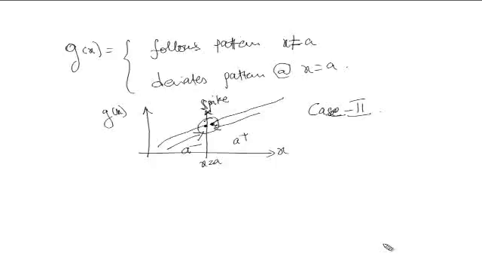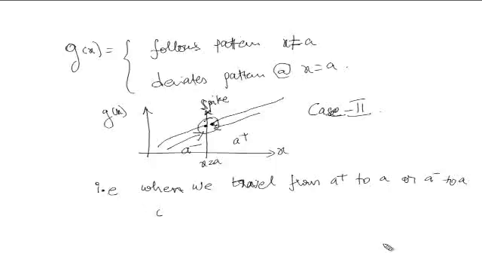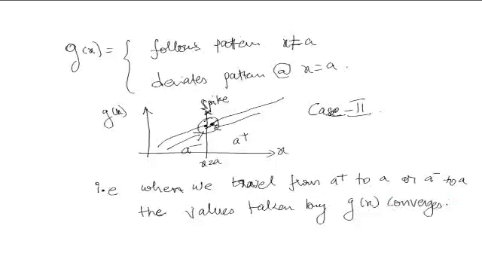That means when we travel from a plus to a or a minus to a, the values taken by g of x converge. We are approaching the same value here.